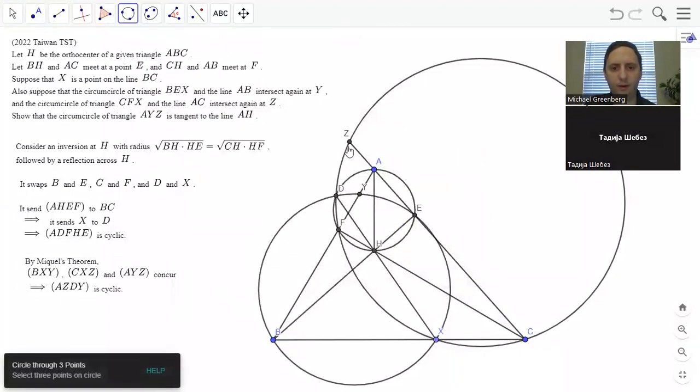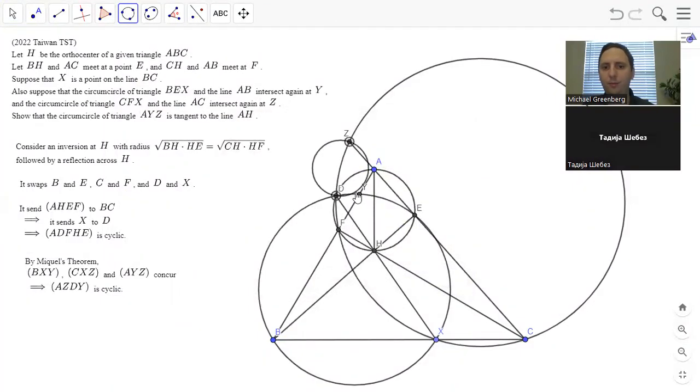Should we draw that in? And then it's probably an angle chase, I'm guessing, right? Yeah. You prove that DAH is DZA. Yeah. So, yeah, DZA is DYF.